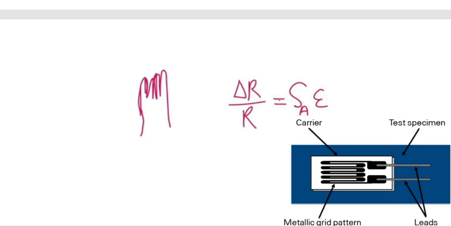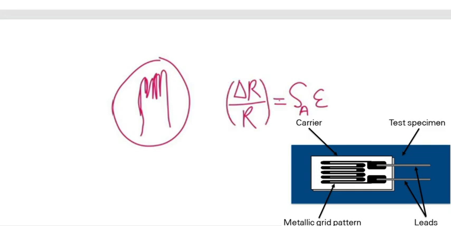So what happens actually is that this resistance wire, when loaded, reacts to change in resistance. And so this change in resistance is now used to measure the strain, which is on the right hand side, using our intermediary, which is the constant SA, which every strain gauge material has its own.